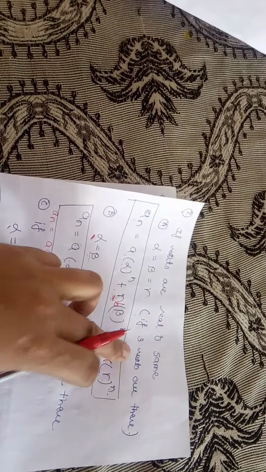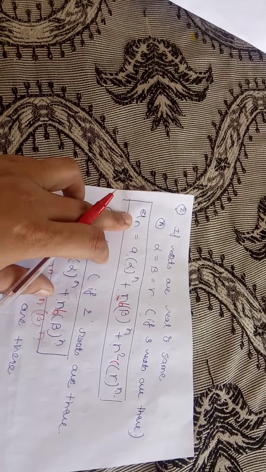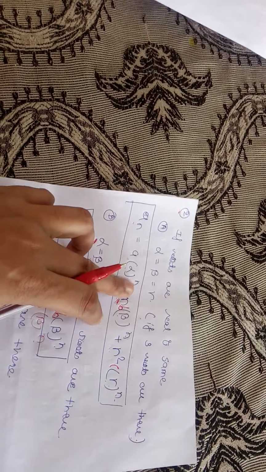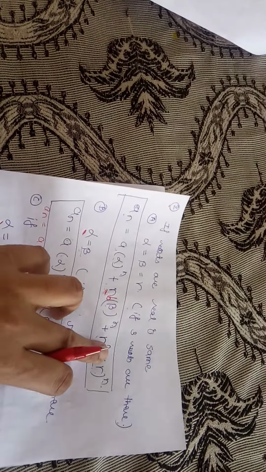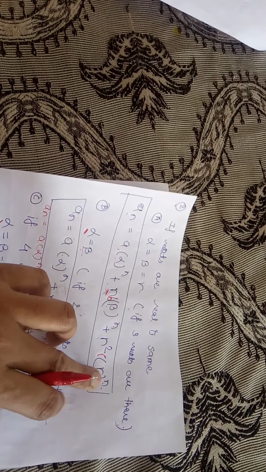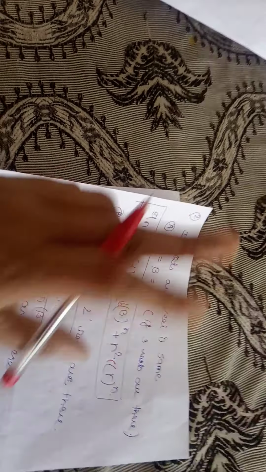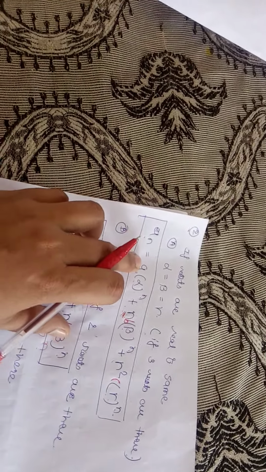If three roots are there and they have the same value, what can be the generalized equation for it? A of n is equal to a into alpha to the power n plus n into b into beta to the power n plus n square into c into gamma to the power n. Fine. Again I am repeating, for the first value, don't put n into multiplication.